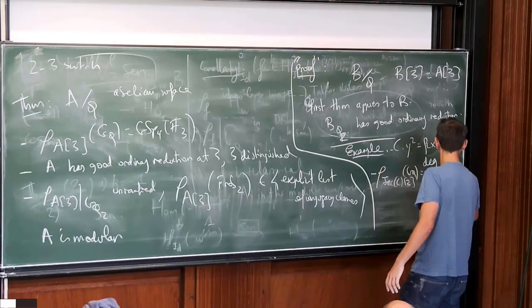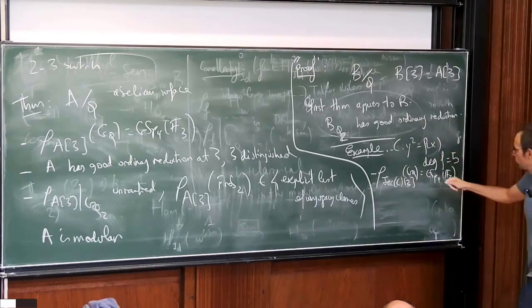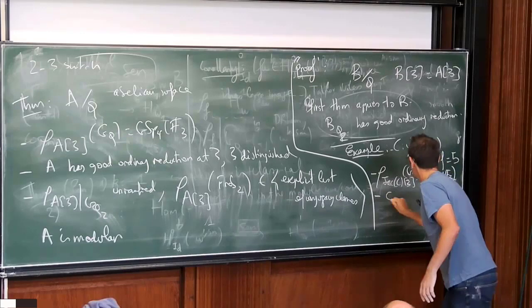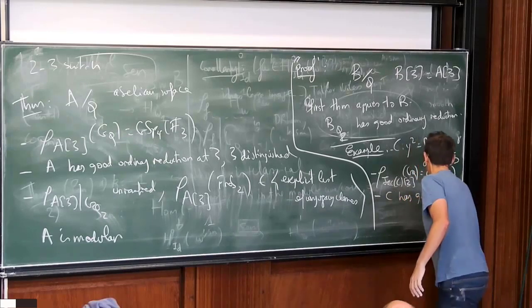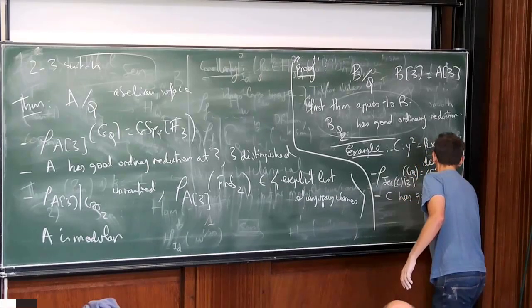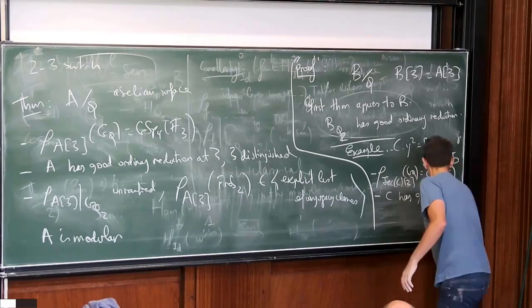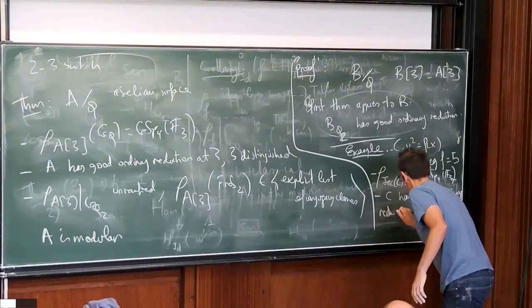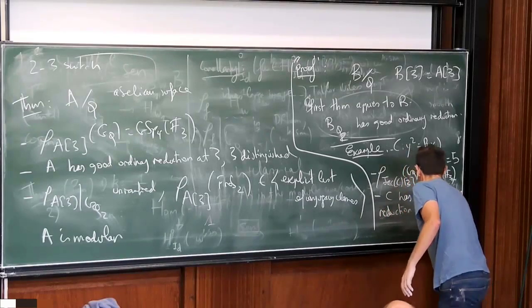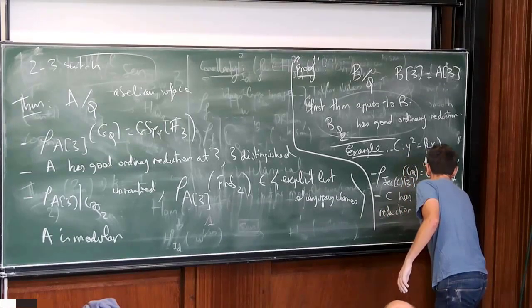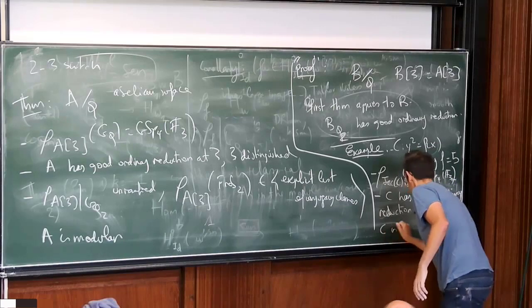So that's kind of a generic condition on the monodromy mod 3. And you assume that C has good ordinary reduction at 2 and 3. Then C is modular.